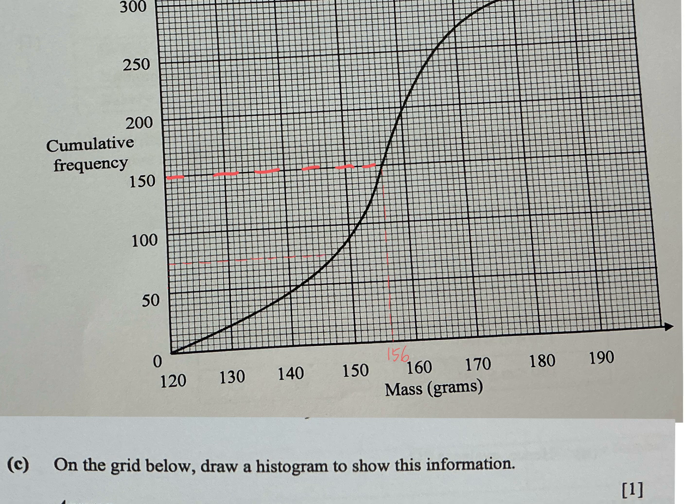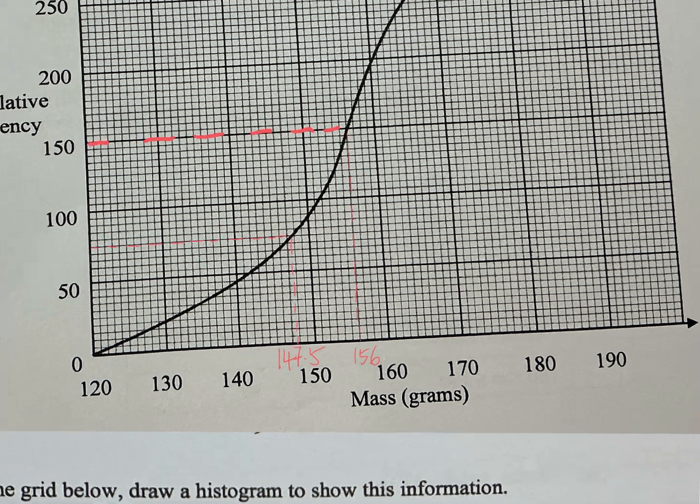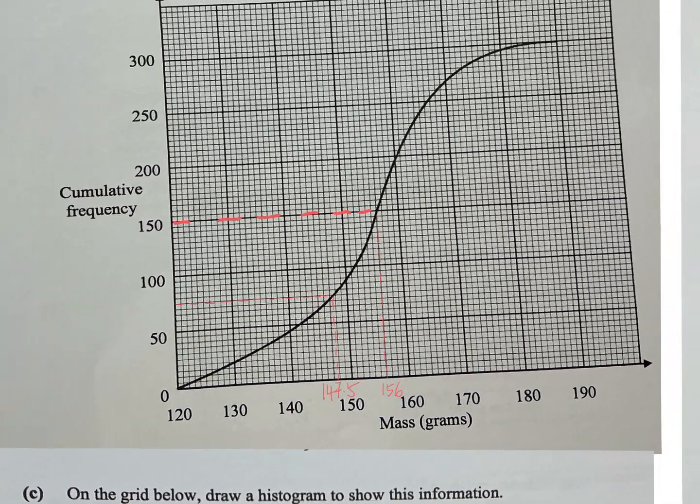If we read carefully, it's somewhere in the middle. So we can say it's 148.5. Is it? No, not 148, 147.5. Not 8 yet. And then the next one is 225. So 1, 2, 3, 4, 5. This one. And then it's quite exact at 163.